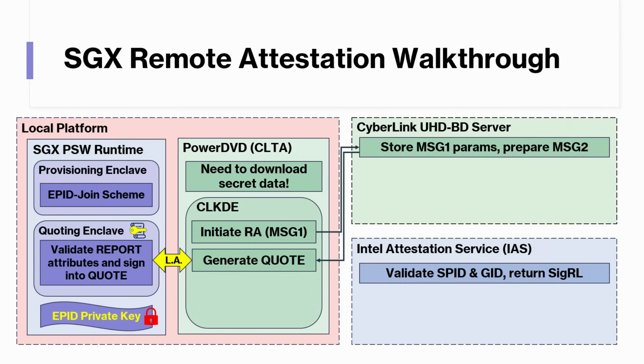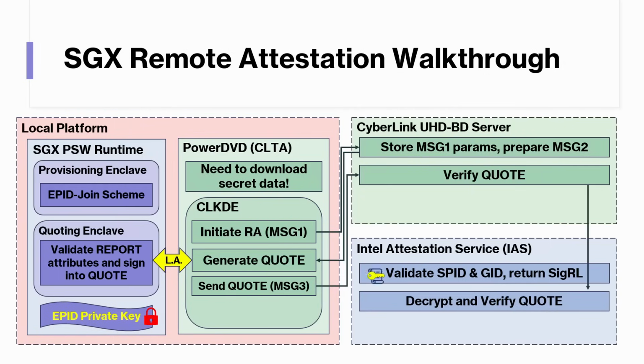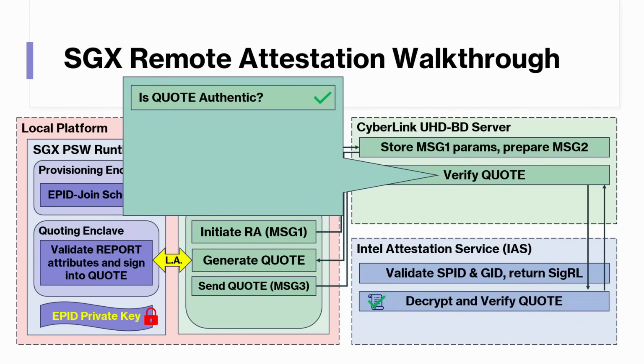We then encrypt the quote with the Intel attestation service RSA key, give that back to CLKD, who will just forward it on to Cyberlink, who has to then verify it by, again, forwarding it on to Intel. They can now finally decrypt this quote and verify, since they have the EPID group public keys. Once that's verified, it'll tell that to Cyberlink, who then checks a couple things.